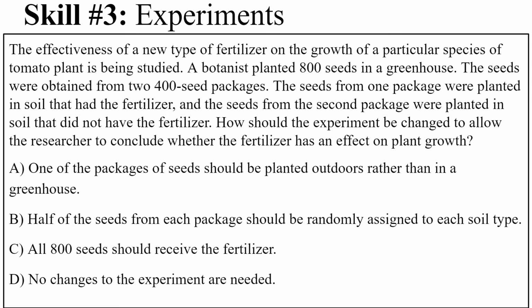All right, pause this video and try this problem if you want. I think all these are experiments. So, we're looking for 2 things with experiments, guys. Do we have random sampling and do we have random assignment?